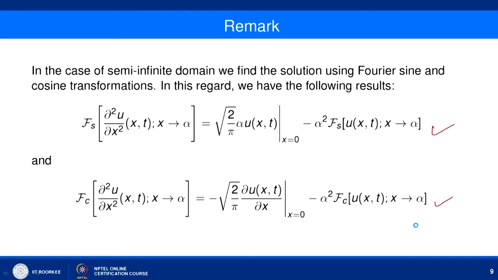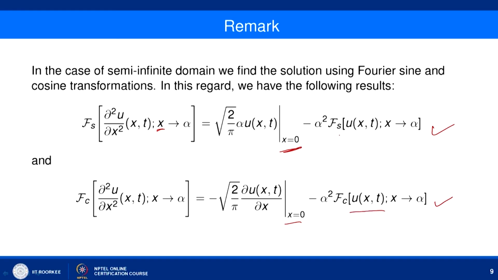Let us first consider the result that the Fourier sine transform of ∂²u/∂x² with respect to the space variable x is given as root 2 by pi times alpha times u(x,t) at x equal to 0, minus alpha squared times the Fourier sine transform of u(x,t). And the Fourier cosine transform of ∂²u/∂x² is given as minus root 2 upon pi times ∂u/∂x at x equal to 0, minus alpha squared times the Fourier cosine transform of u(x,t).